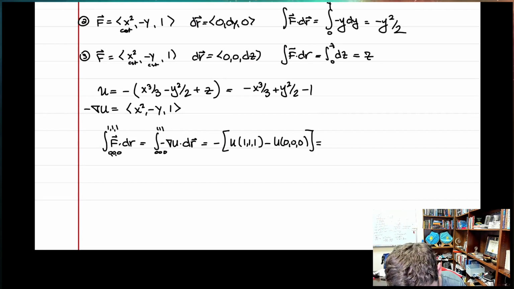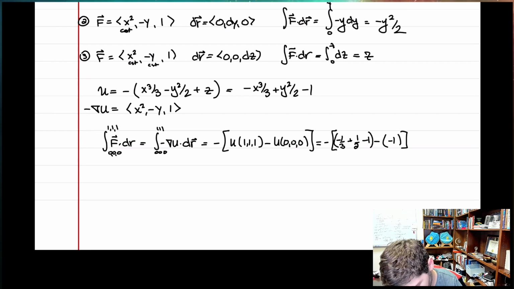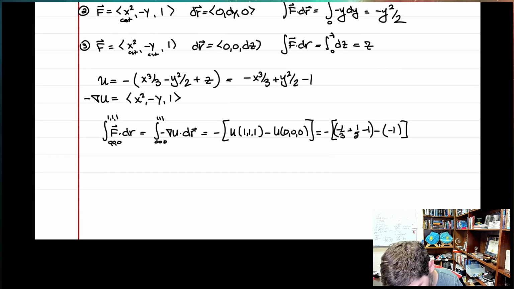So then it looks like it's negative. Let's see, I plug in ones for everything, so it looks like it's negative a third plus 1/2 minus 1. Then I subtract from that when I plug in 0 to everything. Looks like I just get a negative 1. The negative ones cancel.